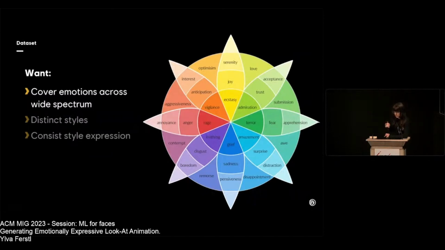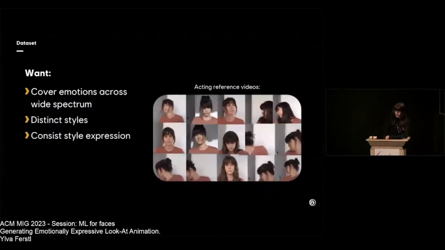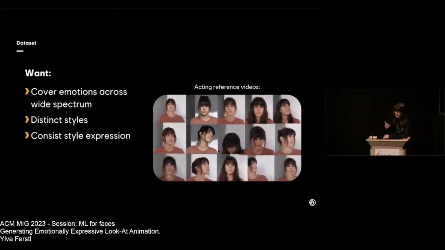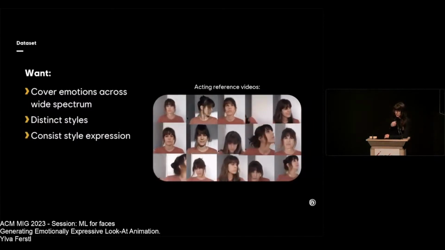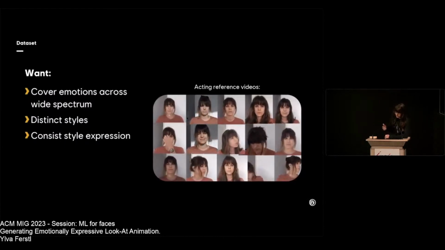Our goal was to capture clear anchor emotions across an emotional spectrum to cover a variety of different reactions. It was also important to us that the styles that were perceived would be very distinct and consistent. So they should be consistent across different expressions of the same style.